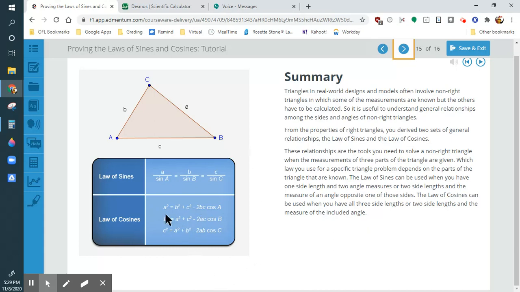And law of cosines just says a side squared is equal to the two other sides squared added together. First you square it, then you add it to the other one squared, minus 2 times both sides times each other times the cosine of its opposite angle. Make sure you have these things written down somewhere. It's really going to help out a lot.